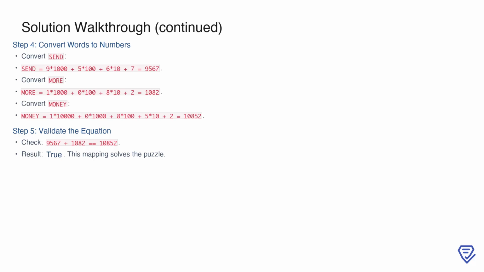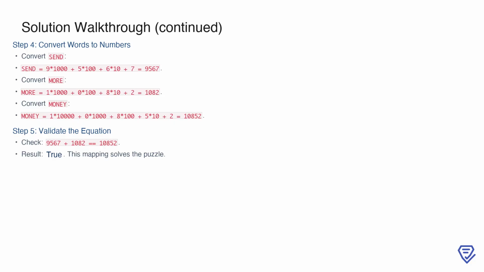This mapping will be used for the next steps. Now that we have a potential mapping, we can convert the words into their numerical equivalents using this mapping. First, SEND becomes 9567 by calculating 9 times 1000, plus 5 times 100, plus 6 times 10, plus 7. Similarly, MORE becomes 1082, derived from 1 times 1000, plus 0 times 100, plus 8 times 10, plus 2.